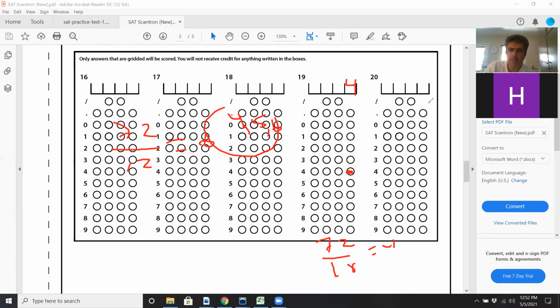Or put a 5 here, like that. Or you put a 4 over here, or here, or here. Doesn't really matter. But you've got to make sure you bubble correctly. Okay. We're going to clear.